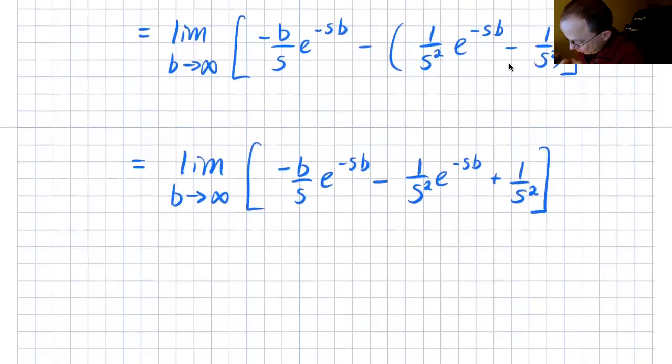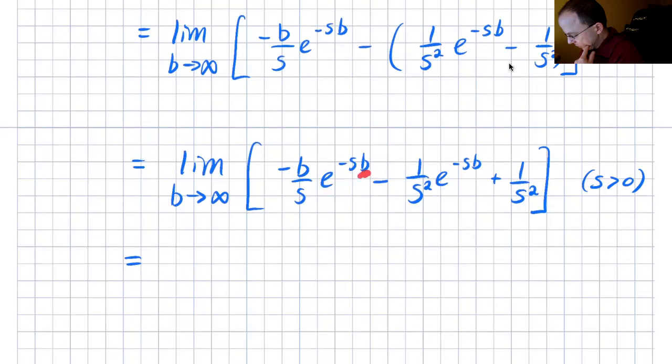All right, so now note that if s is a positive number, then when we take this limit, this is going to go to 0 because this is a negative number.